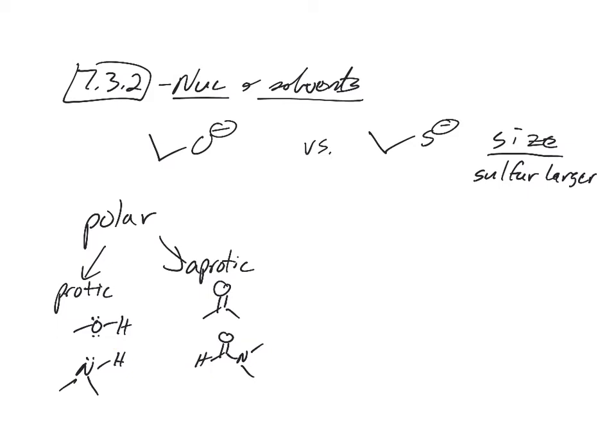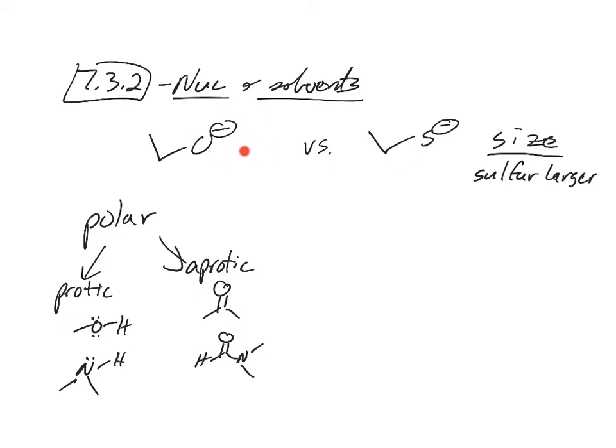So we've got to think about, in these two different types of solvents, how are these solvents going to affect the reactivity of these nucleophiles? So the key here is, essentially polar protic solvents are going to interact with our nucleophiles, especially if they're charged. And that's bad, because we want our nucleophiles to be reactive.